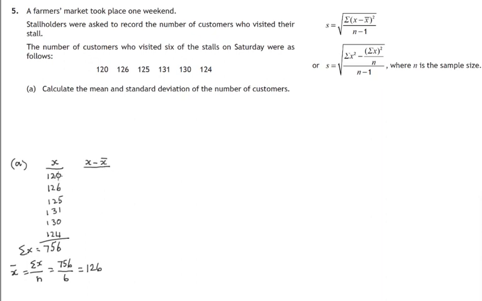So in the first case, 120 minus 126, 126 minus 126, 125 minus 126, 131 minus 126, 130 minus 126, finally 124 minus 126. So these are the deviations from the mean. However, this little squared here means that we square them as the next calculation.